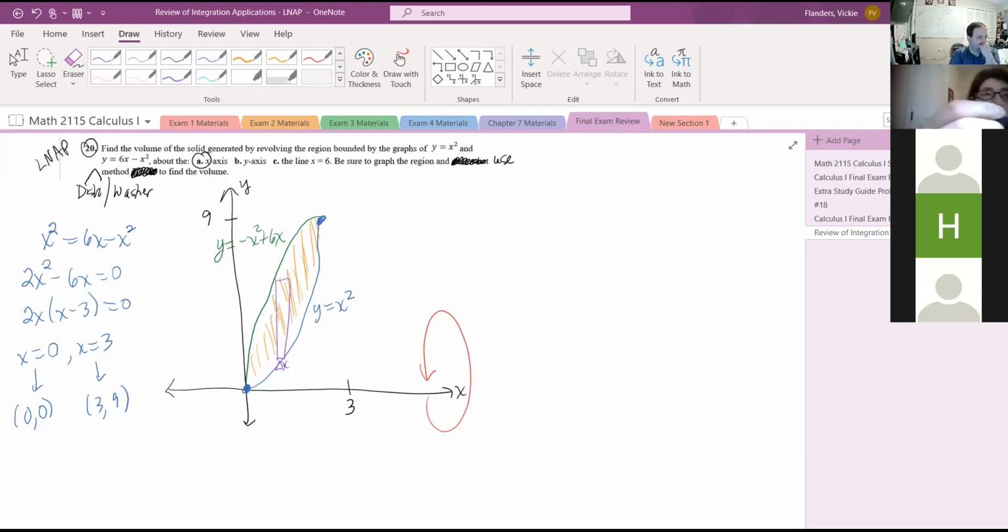Okay, so my formula is just pi times the integral from a to b of big R squared minus little r squared dx. Okay, let's find this big R and little r. Big R is the longest distance from the axis to your rectangle. This is big R.